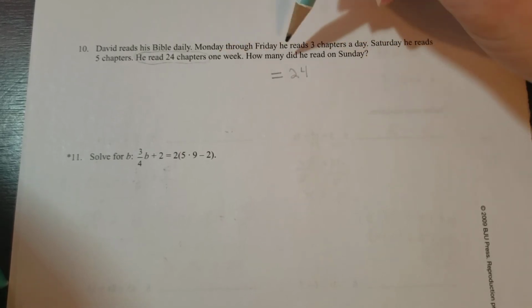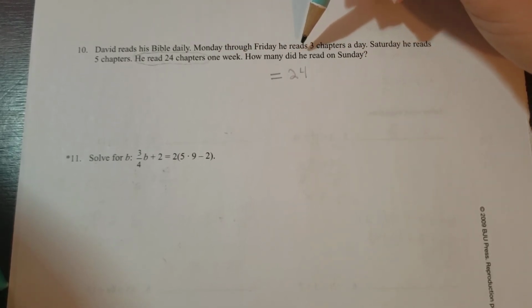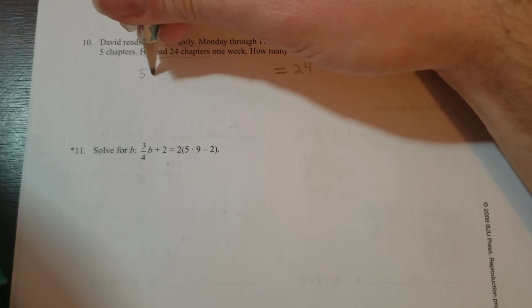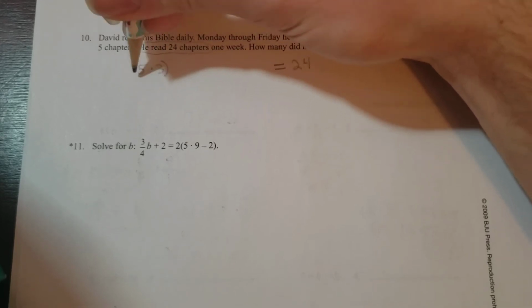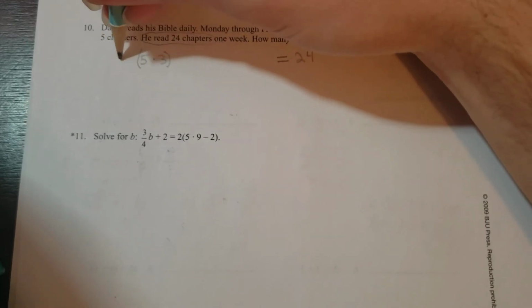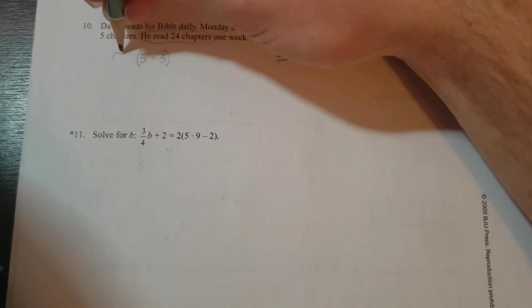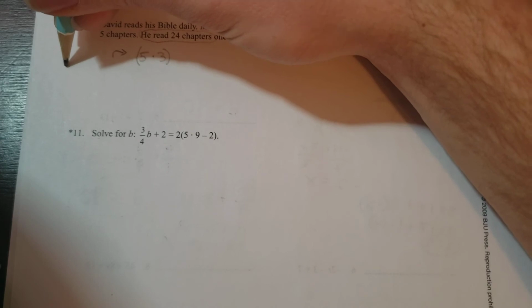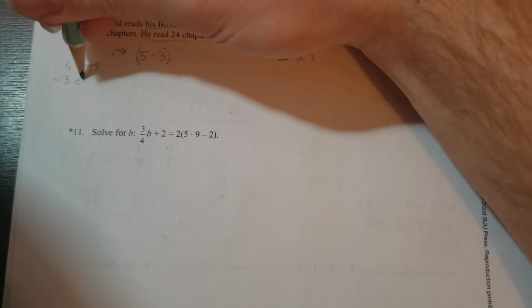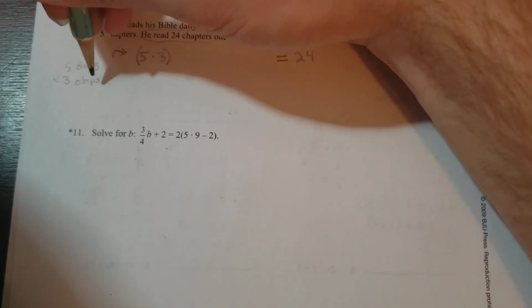Okay, so Monday through Friday, he reads 3 chapters a day. Well, how many days are there Monday through Friday? 5. So that's 5 times 3. So 5 days times 3 chapters a day.